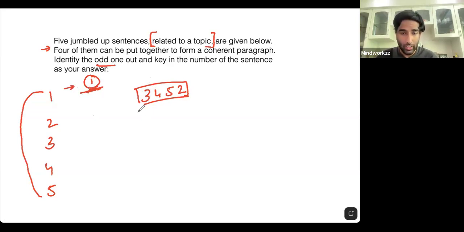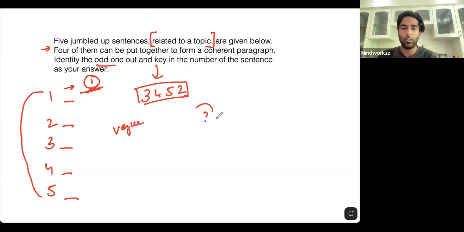Right. So essentially, 4 of the 5 sentences can be put together to form a paragraph. That means when you read sentence 1, sentence 2, sentence 3, 4, and 5, you will have a vague understanding of what is being talked about.